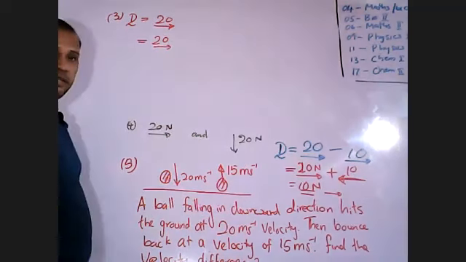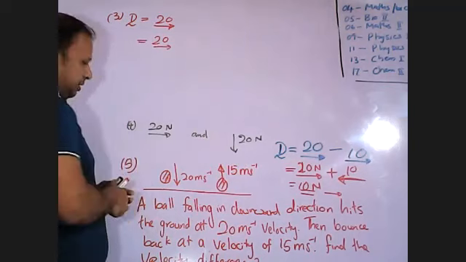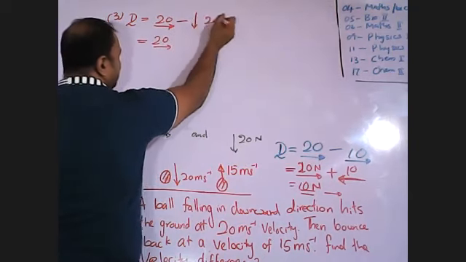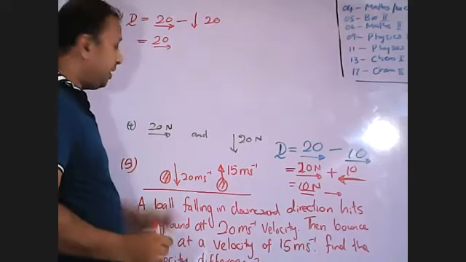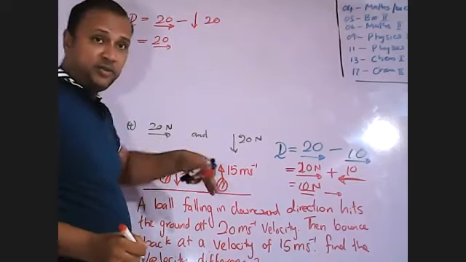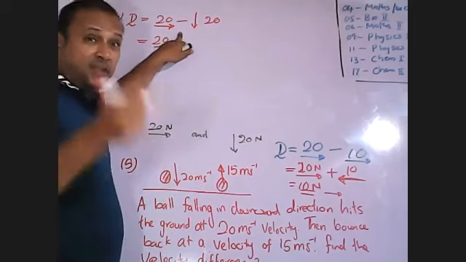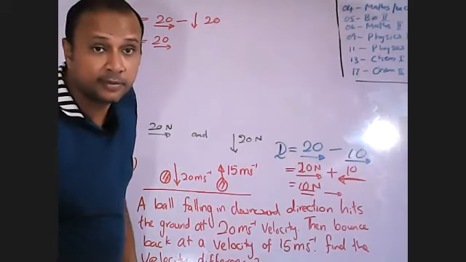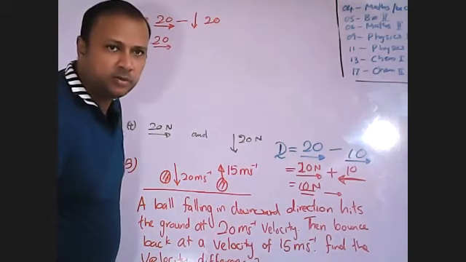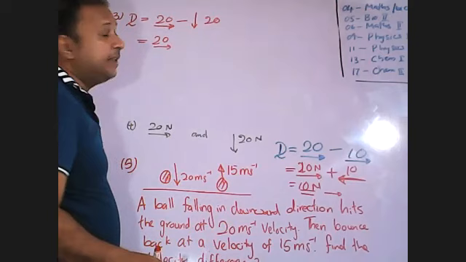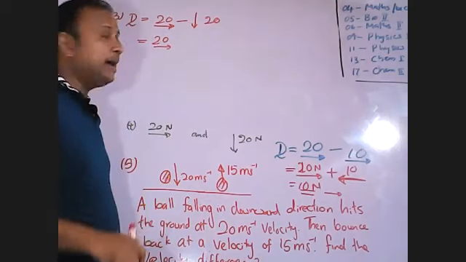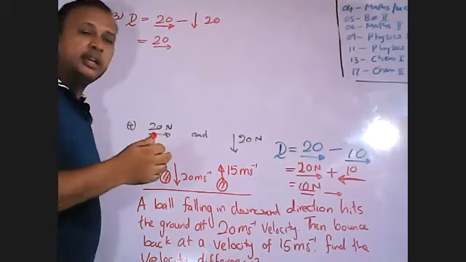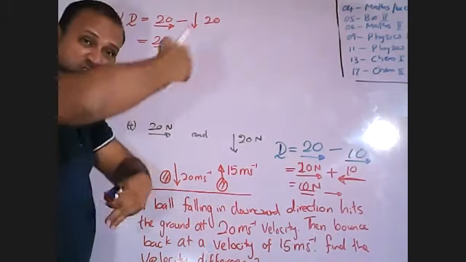The only thing is the direction of the second vector. Initially it was in the downward direction. I have to subtract 20 Newton in the downward direction. So if you want to subtract, then definitely you have to take the reverse vector. Reverse vector means you have to change the direction.